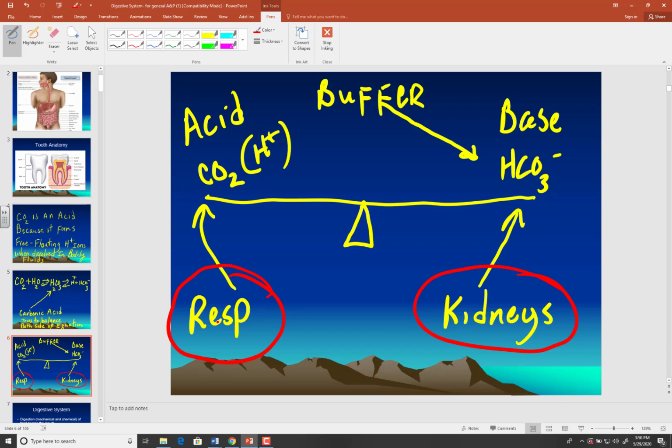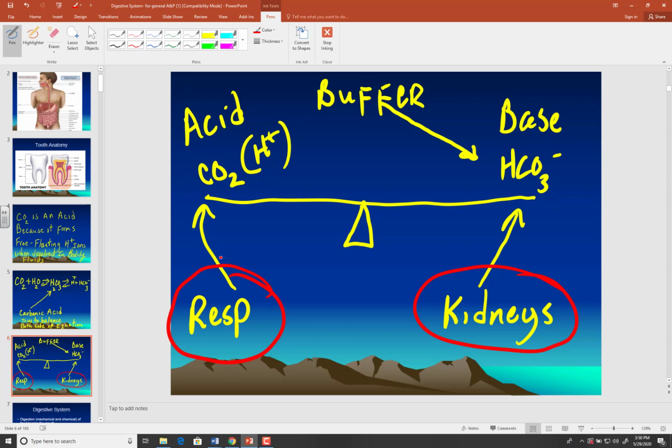And we know that the respiratory system and the kidneys are intimately involved in maintaining the pH. The kidneys, as I stated in the video, can correct any pH imbalance if you live long enough, right? So if you maintain blood flow to your kidneys and your kidneys are operating, if your heart's working and pumping that blood to the kidneys, they can correct any pH imbalance.